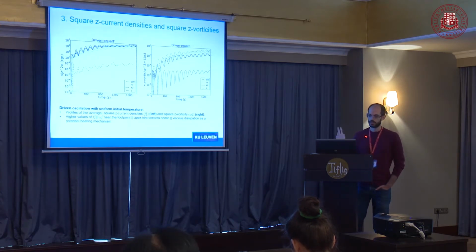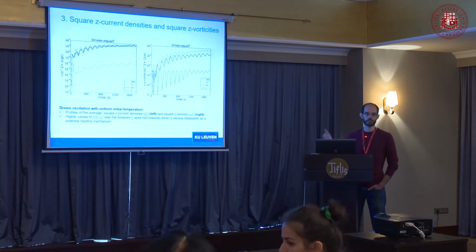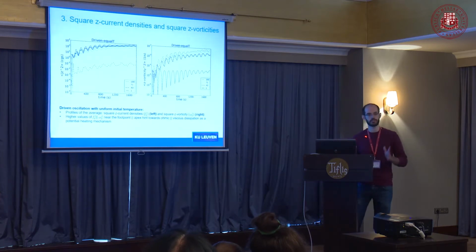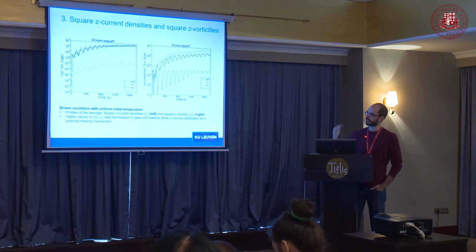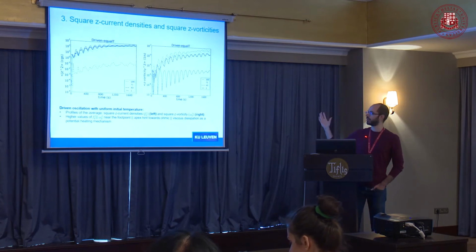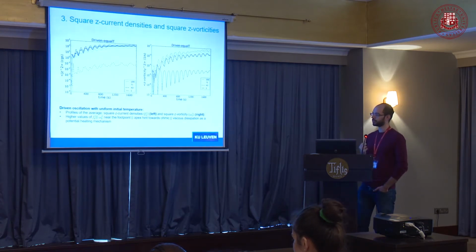Now, this is not a universal feature. This takes place here because of the geometry of our oscillation. We have an oscillation that resembles the fundamental standing kink mode, so because of that, the geometry affects these results, and this is why we have stronger currents near the foot points and stronger velocities near the apex, which gives us these contributions. Again, though, these are two hints.